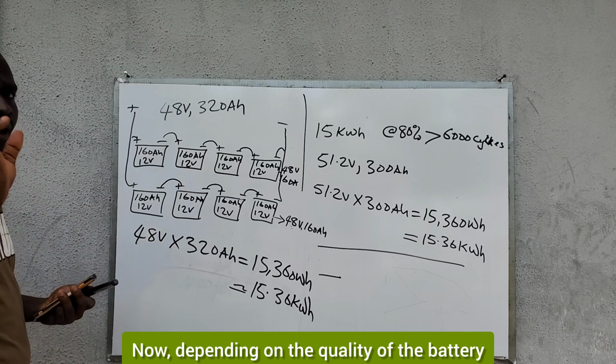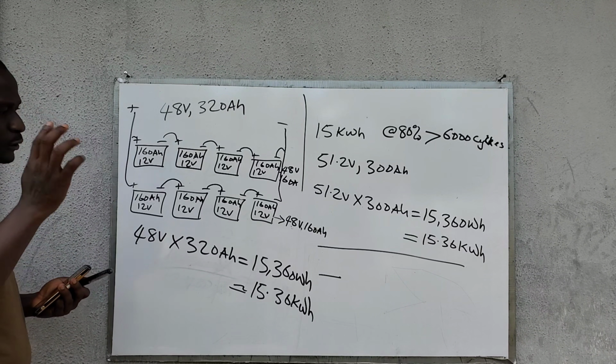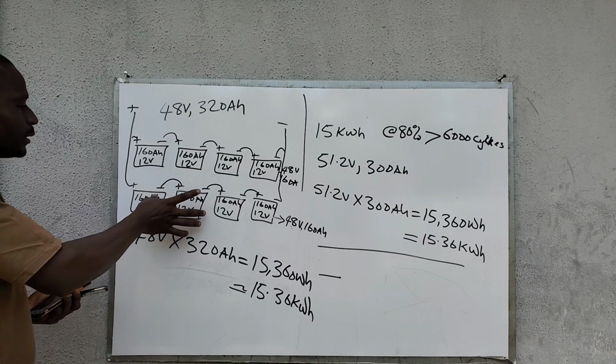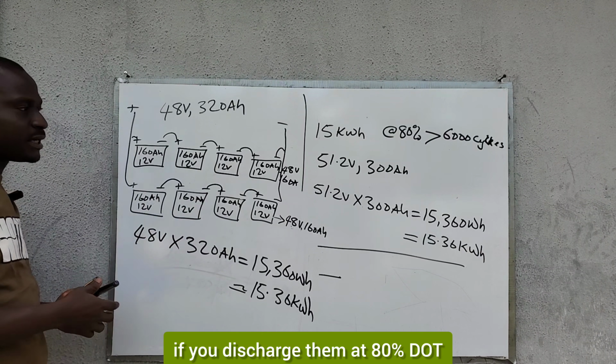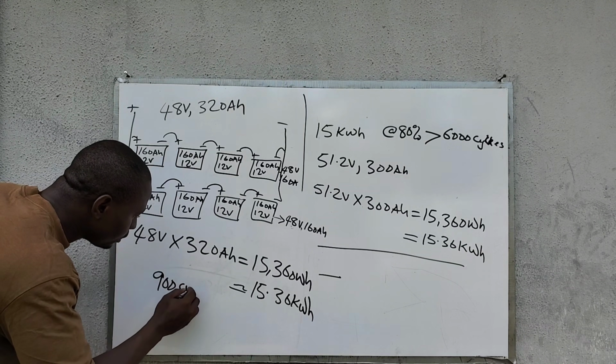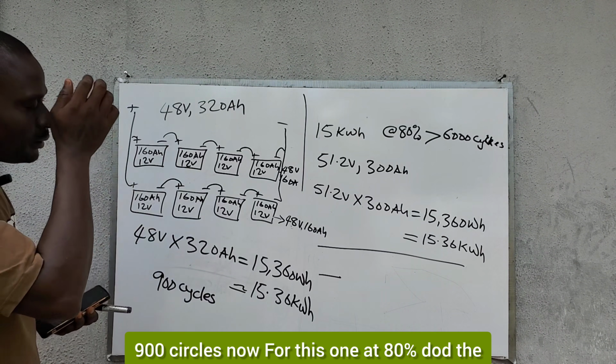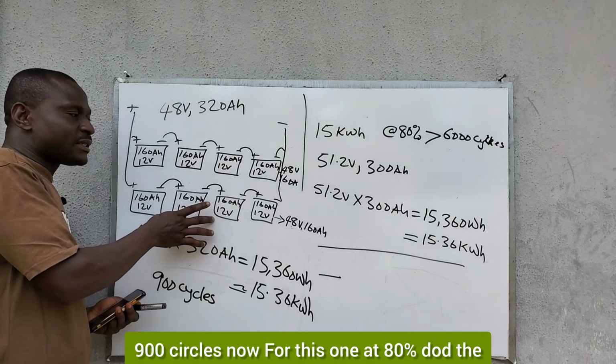Depending on the quality of the battery, let's take that if you discharge them at 80% DOD, you have 900 cycles.